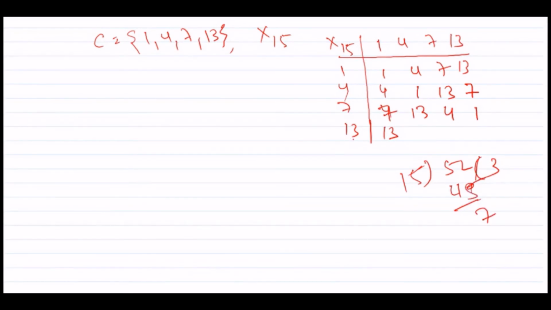So we will get 7 here, and then 13, 91 when divided by 13 we get 1, and then here 7. So all elements belong to the set C.